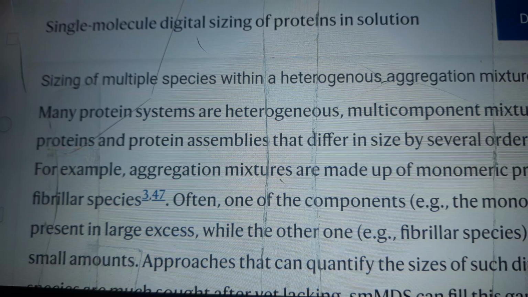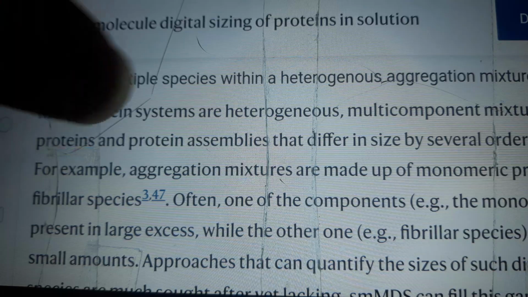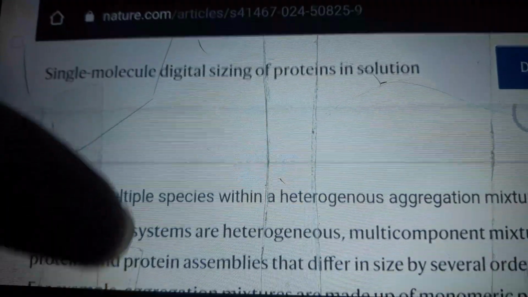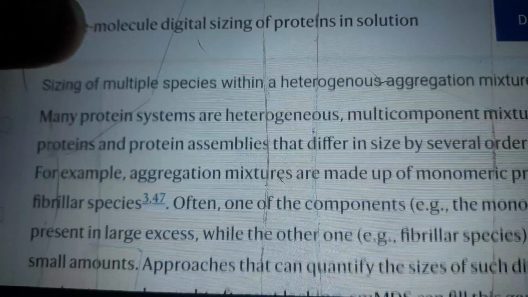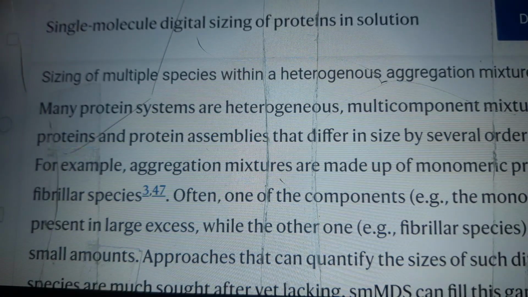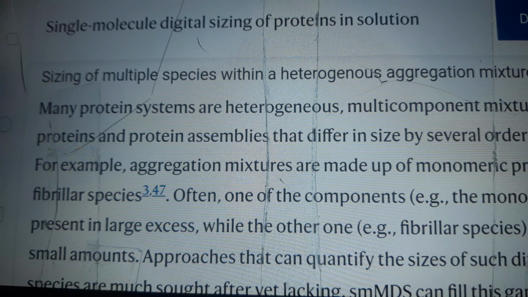Sizing of multiple species in a heterogeneous aggregation mixture by SMMDS. Many protein systems are heterogeneous, multi-component mixtures consisting of proteins and protein assemblies that differ in size by several orders of magnitude.